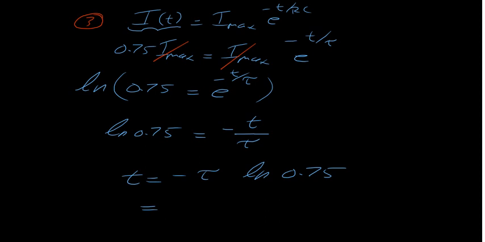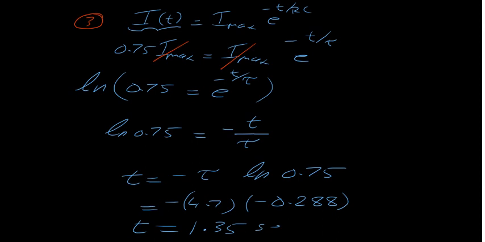We know tau is 4.7, and the ln of 0.75 is negative 0.288. Minus with minus is definitely going to be positive. The time is always going to be positive, and as an answer that gives me 1.335 seconds.